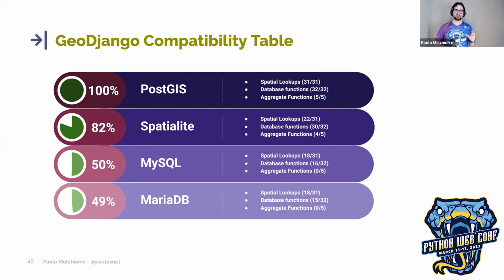In the Django documentation, there are 3 of these tables: spatial lookups, database functions, and aggregate functions. As you can see, PostGIS is the only geographic backend that supports 100% of these features. And if you are interested in using this feature, you can read my article about it.